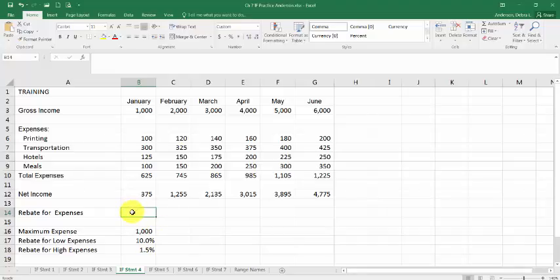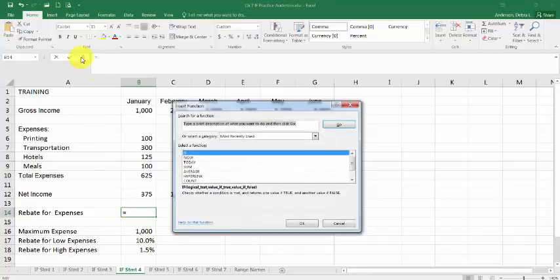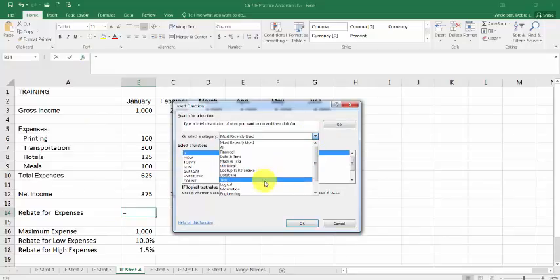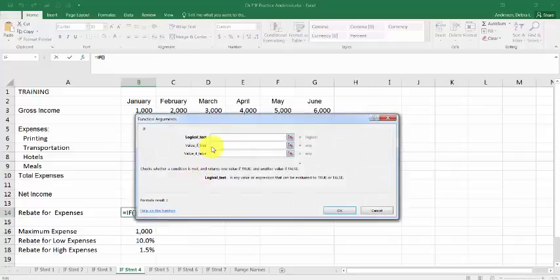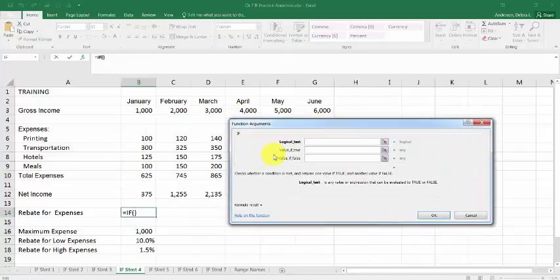I click on the cell where the answer is going to be, fx, category is logical, function is if. Move this out of the way so I can see everything. Is total expense at most, which is less than or equal to, maximum expense.